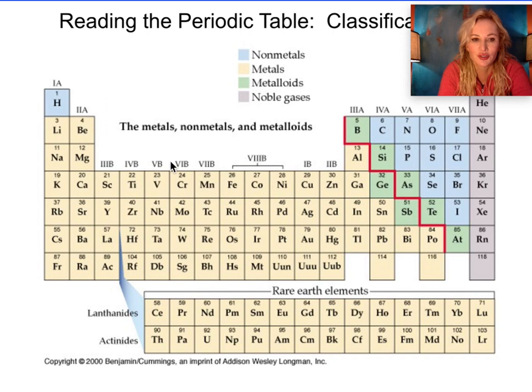So the bulk of what you're going to be naming are going to come from metals, this region. Notice it includes group 1A, 2A, transition metals, lanthanides down here, and actinides down here. These actually are really rare. There are two that we learn commonly, uranium and plutonium, because they are radioactive.